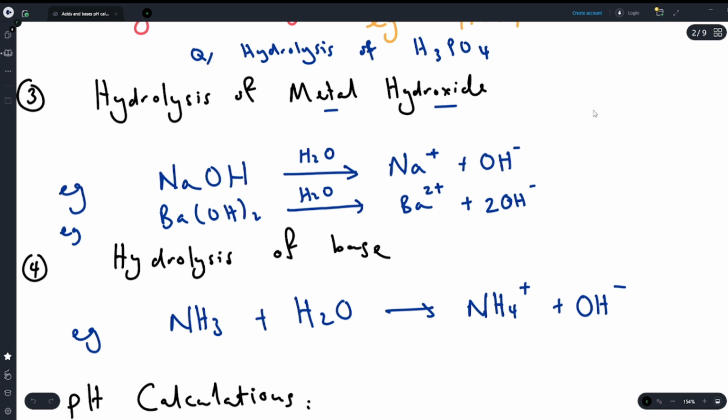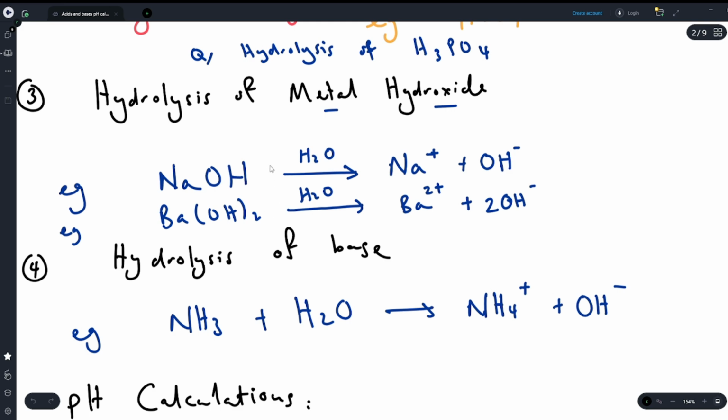A metal hydroxide is any base that ends with an OH, like NaOH or Ba(OH)2, sodium hydroxide, barium hydroxide. The reason it's unique is we're dealing with hydrolysis. So normally we would say here, plus water.